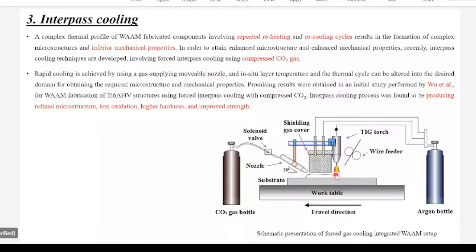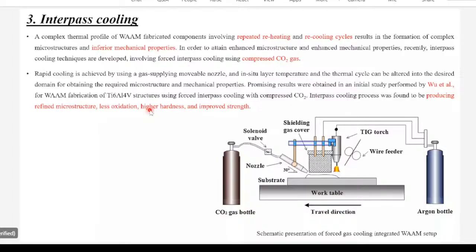The complex thermal profile of a WAM fabricated component, involving repeated reheating and recooling cycles, results in the formation of complex microstructures and inferior mechanical properties. In order to attain enhanced microstructure and mechanical properties, interpass cooling techniques were recently developed, involving forced interpass cooling using compressed CO2 gas.